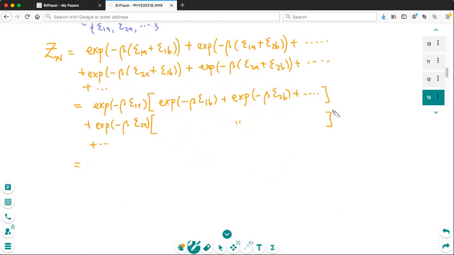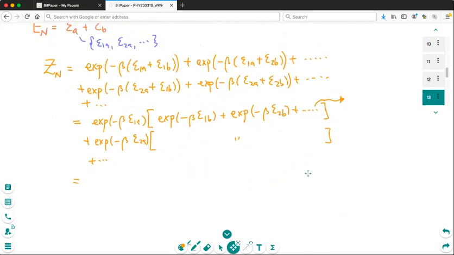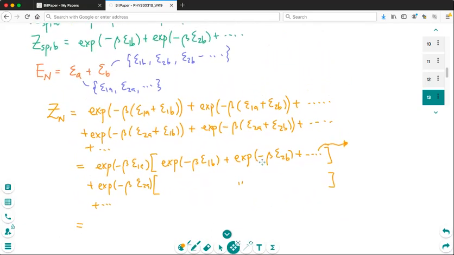What is this square bracket here? This square bracket is the same as this in green color. This is the single particle partition function for B. So all of this will have this common factor, so I can pull this out.